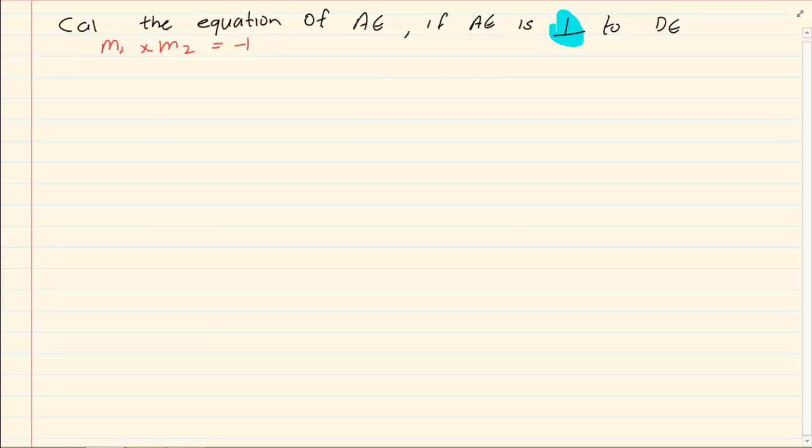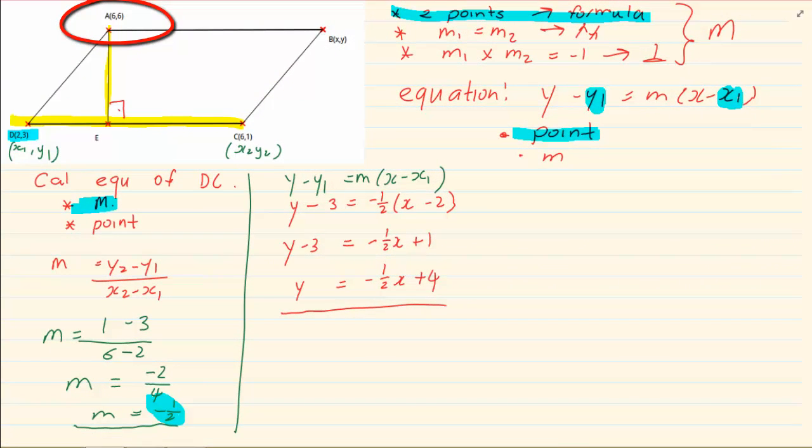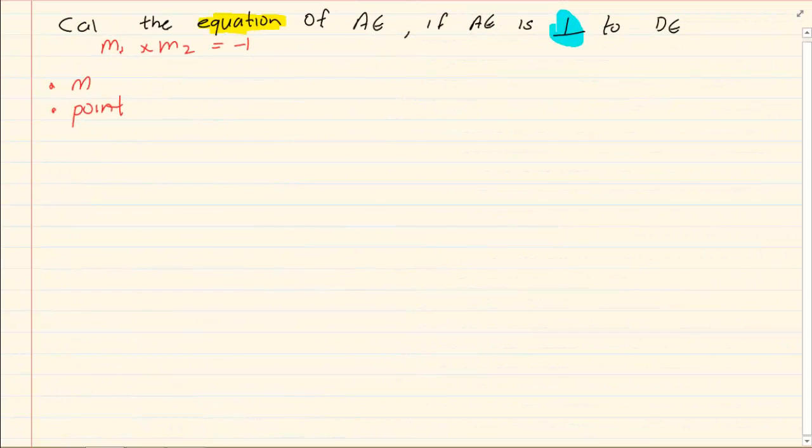We want an equation, and if they want an equation, that means I need 2 things. I need M and I need a point. Now if you look at the drawing, you'd see you have a point that is touching line AE, 6 and 6. So you have a point already.